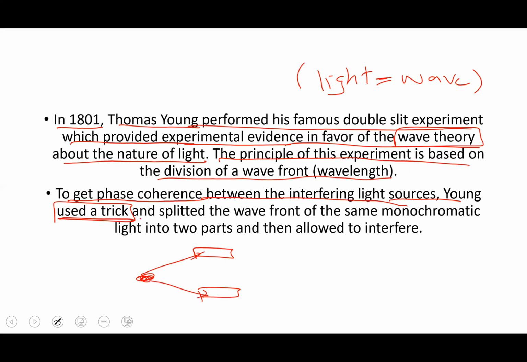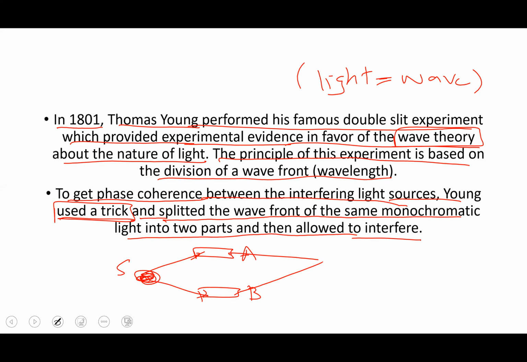He split the wavefront of the same monochromatic light into two parts and then allowed them to interfere. That means the light coming from the source, he split using two slits, let's call them A and B, and then allowed that light to interfere with itself. Then we can see that the light produces fringes.